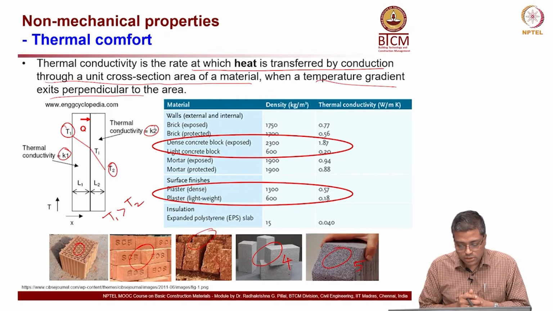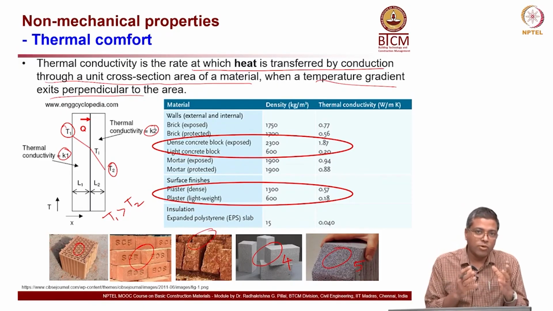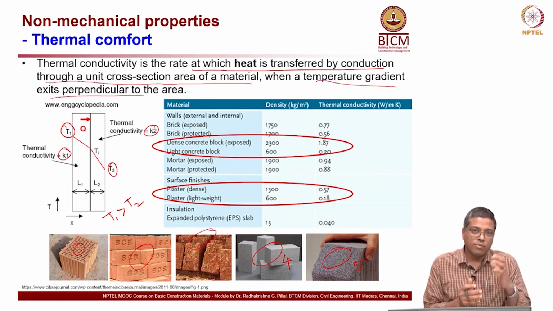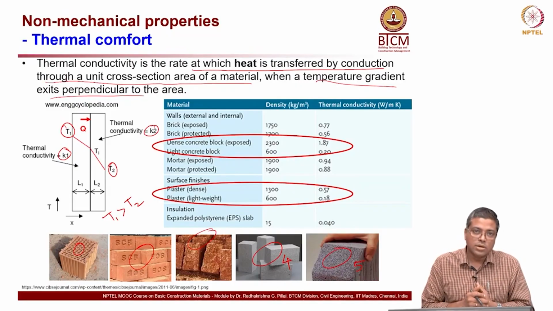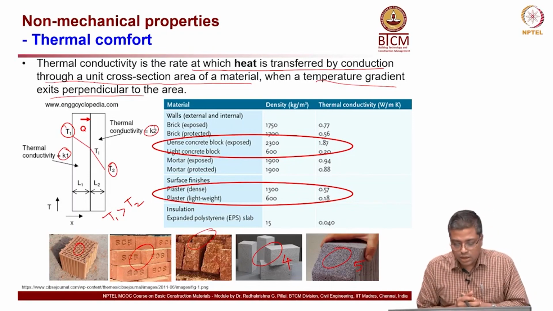If you have air voids inside your brick, it is good for both noise control from one room to the other and for thermal exchange from one side of the wall to the other. You can look at this example here.